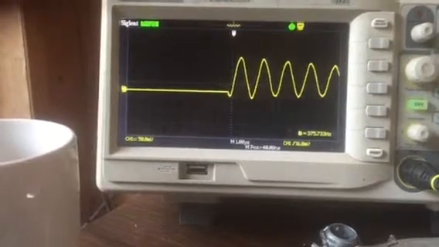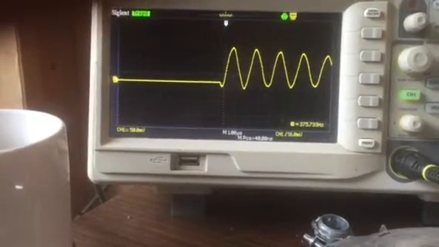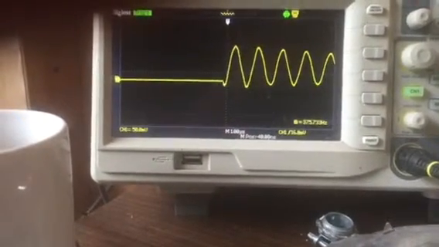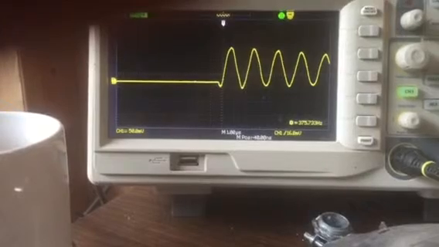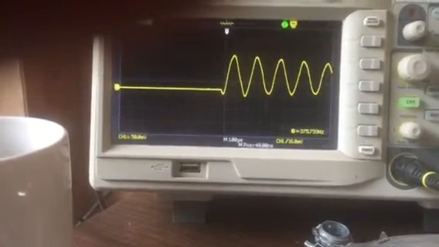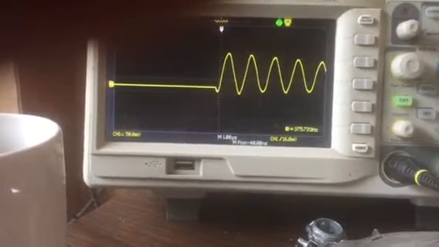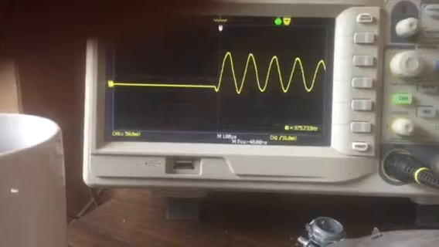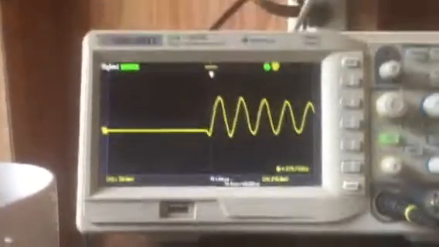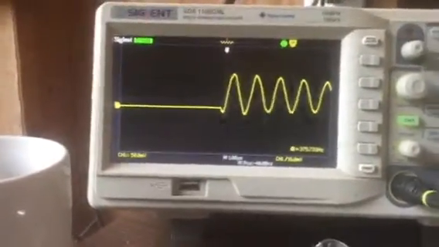So that's the wavelength. And our frequency is the number of waves that arrive each second. And if you want to talk about speed, speed is how fast the wave travels between two distances, from one place to another. So it's important stuff to know about building a Tesla coil.